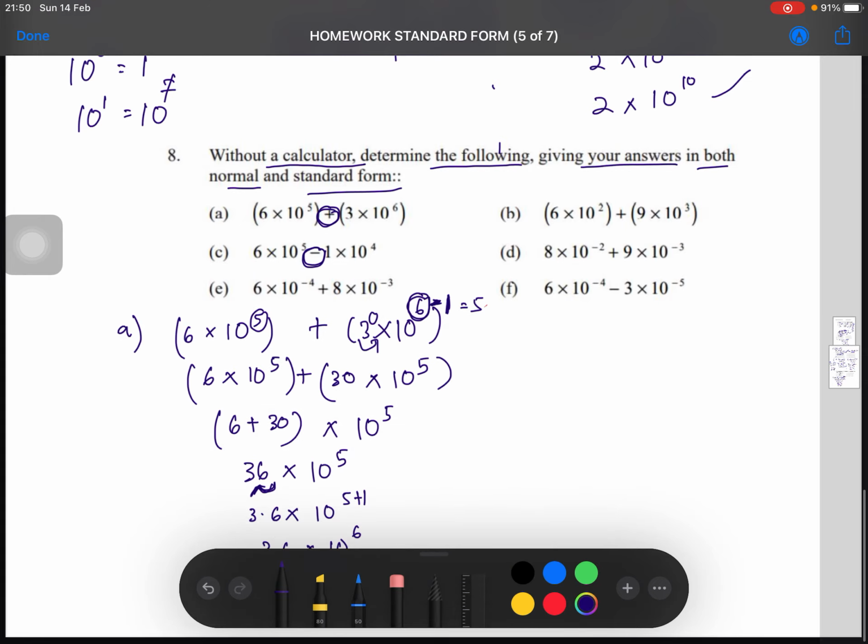Okay, same also, if you want to choose the power as 6, the final answer is always the same if you find the power of 6. Let's say this one is 6, this one we must add 1 to become 6.